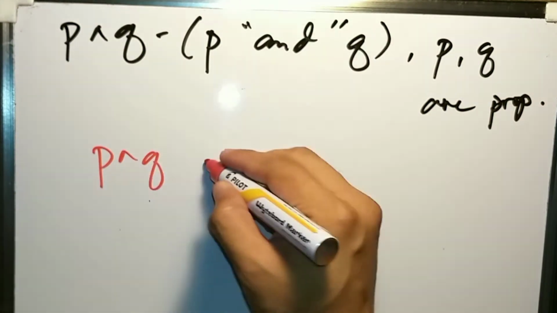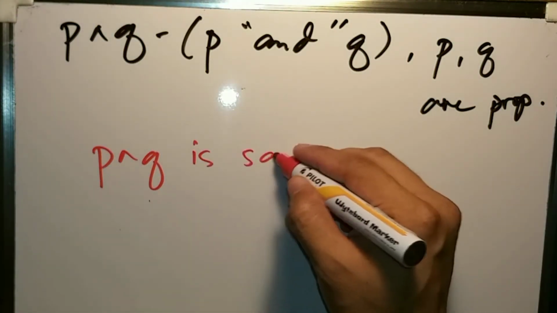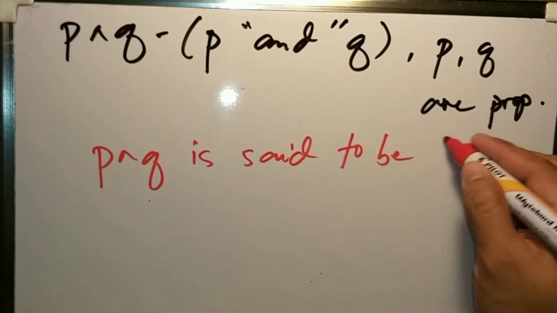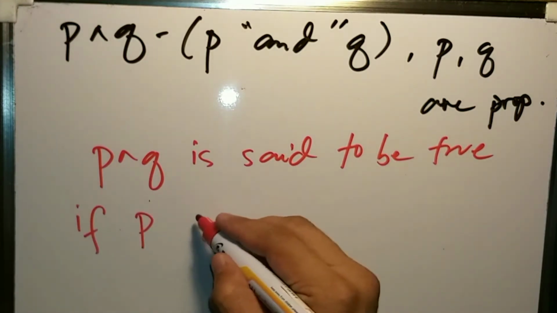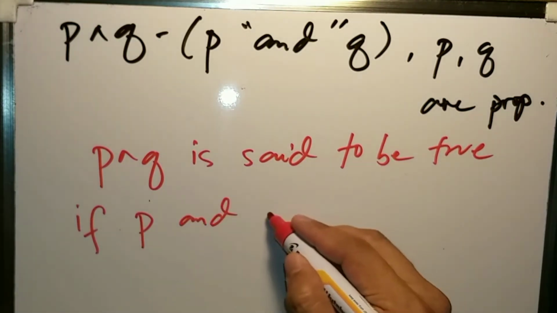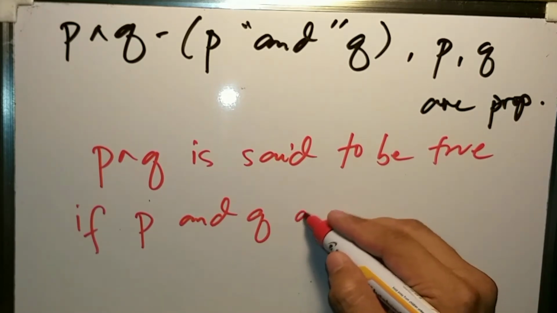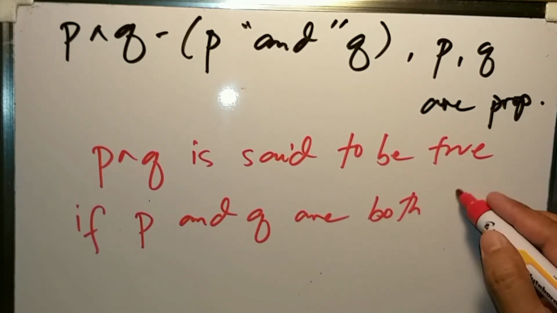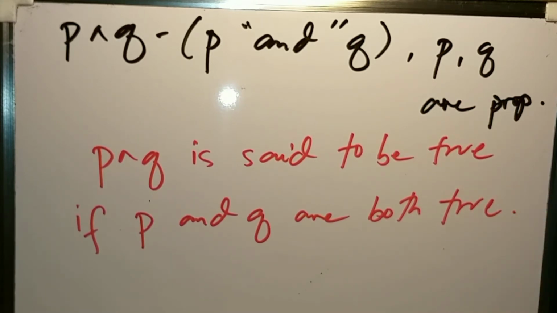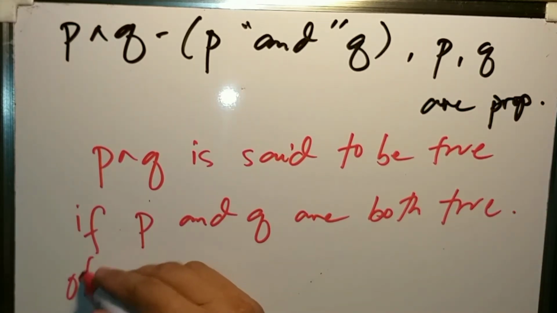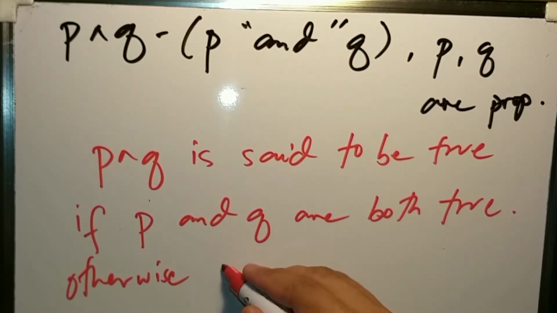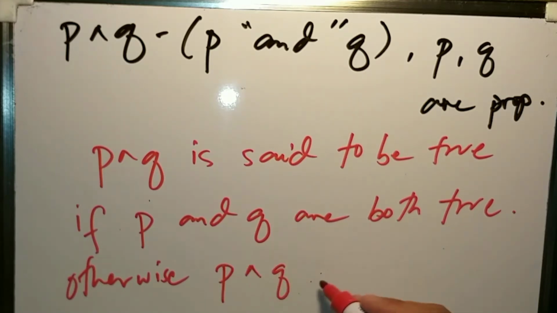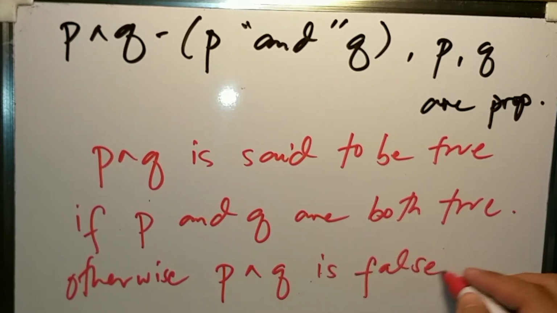P and Q is said to be true if P and Q are both true. Otherwise, the compound statement P and Q is false.